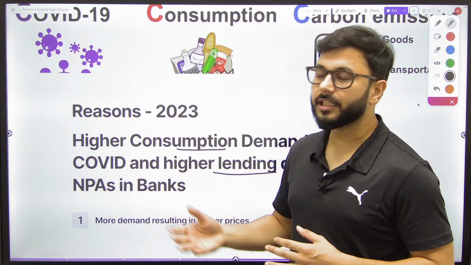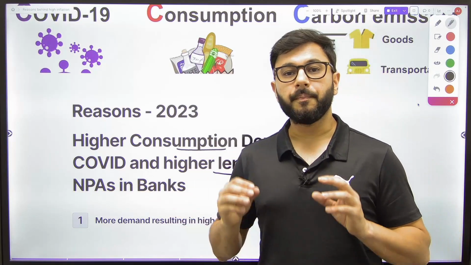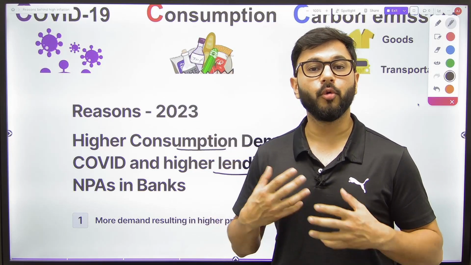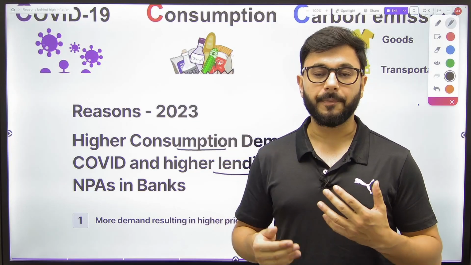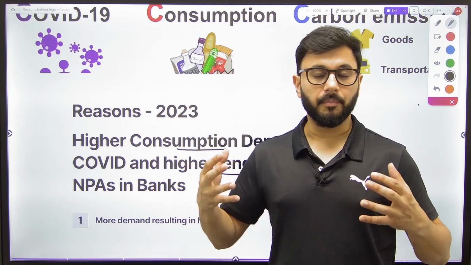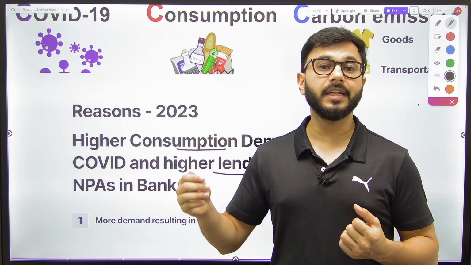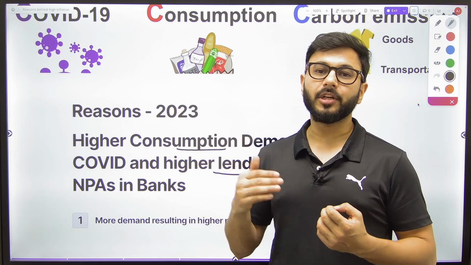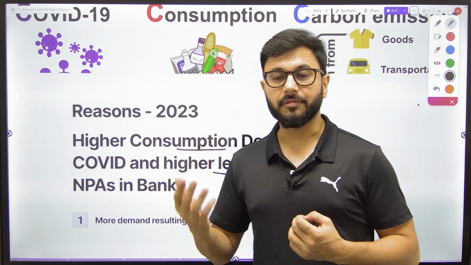It's available, recently uploaded. But coming back, because of a fall in NPAs, the banks are more strong now, more confident, and they're lending more money. As people have more borrowings to make, they automatically either consume this money or they invest this money, which ultimately results in higher inflation in the economy.